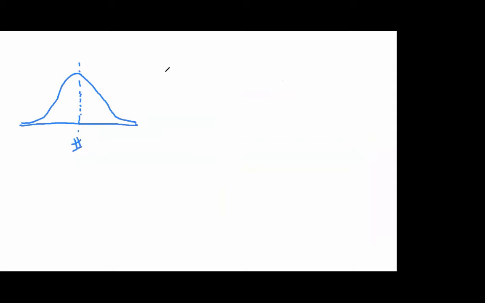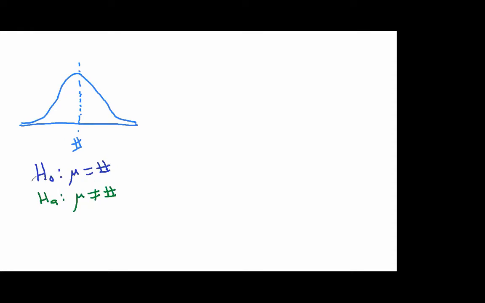And if we're working with the null hypothesis that the mean equals a given number, then the alternative hypothesis would be that the mean does not equal that number. Or, in this I've written mu, but this could be the proportion. This actually could be any sample statistic that we're interested in.